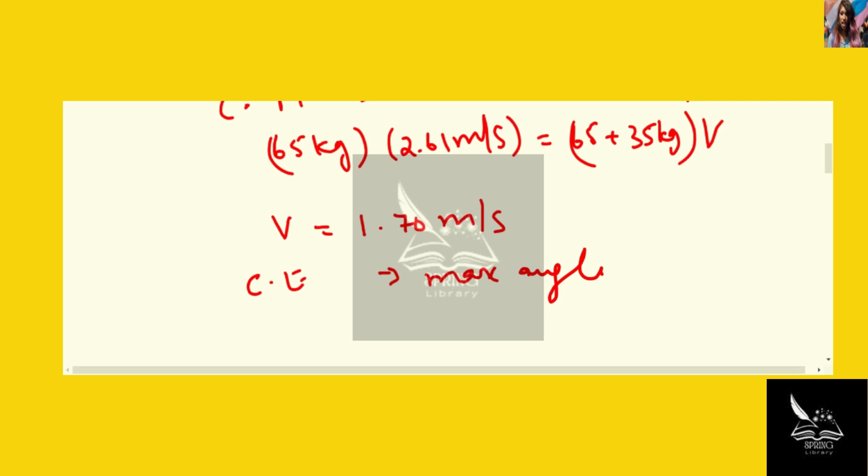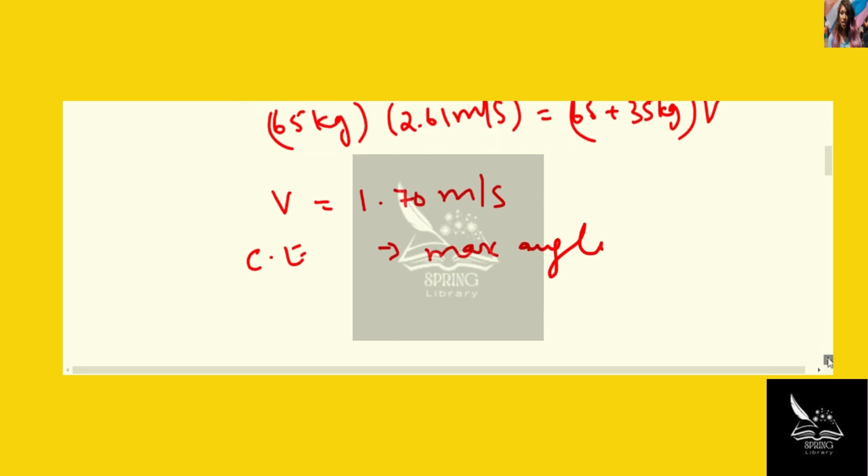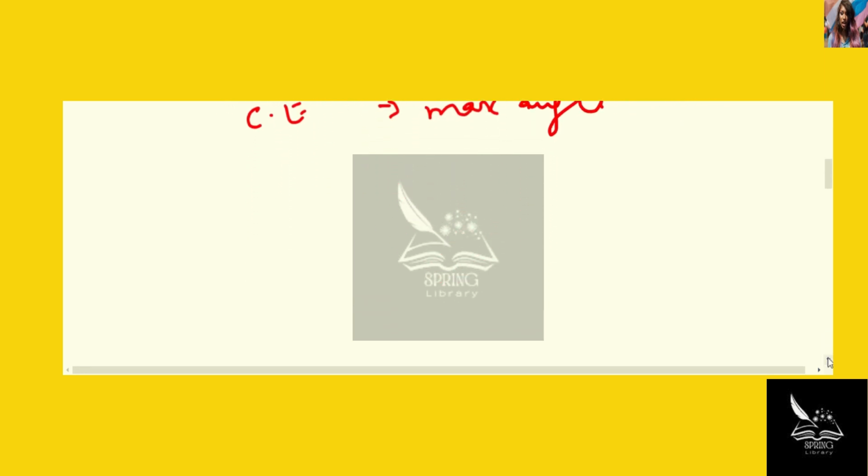of the swing after collision. So to find that, you have to see again the conservation of energy formula. And that is half m total V squared equals m total gL(1 minus cos theta).